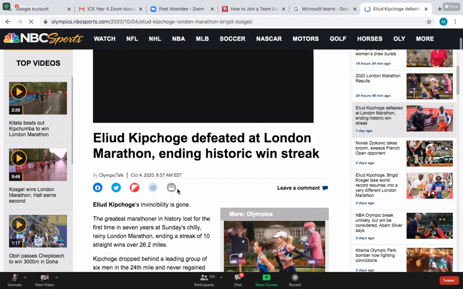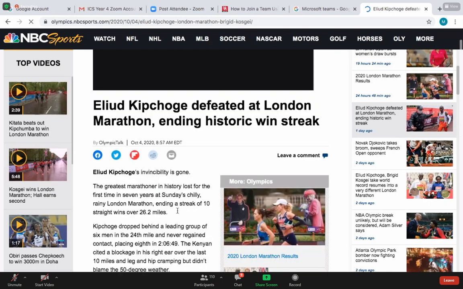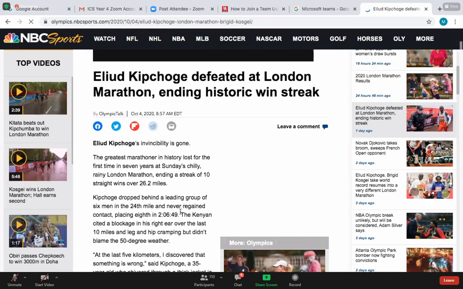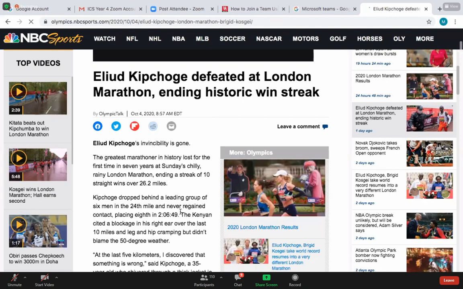So the greatest marathoner in history lost for the first time in 7 years at Sunday's chilly, rainy London Marathon, ending a streak of 10 straight wins over 26.2 miles. Kipchoge dropped behind a leading group of 6 men in the 23rd mile and never regained contact, placing eighth in 2 hours, 6 minutes, 49 seconds.